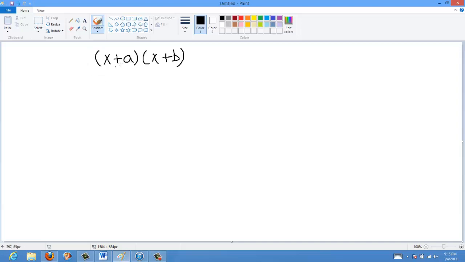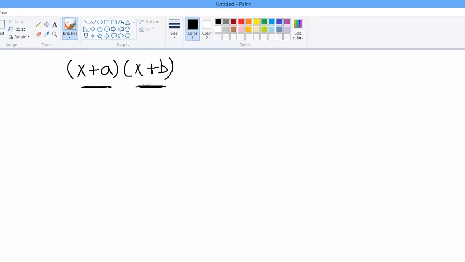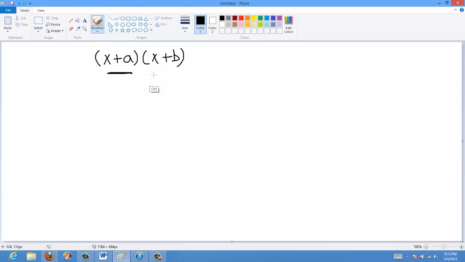So what would happen if I multiply these together? The distributive property tells us that we have to distribute all of the items in this bracket amongst all of the items in the other bracket. A good way of thinking of it is that everything in one bracket has to shake hands with everything in the other. So x has to multiply by x, and we get x squared.